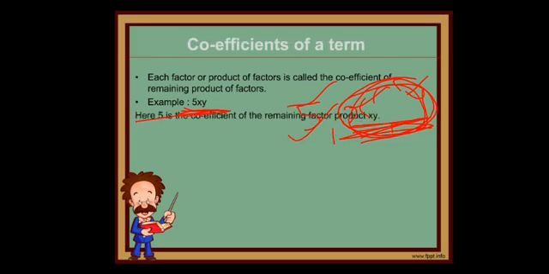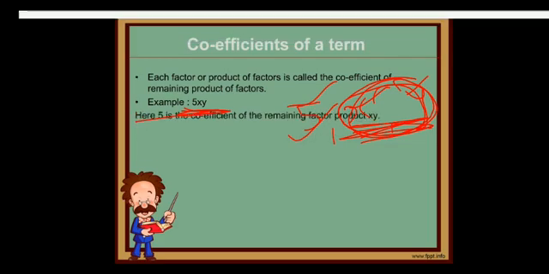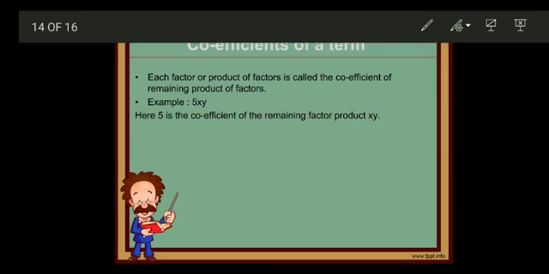So 5 is the coefficient of xy. We have 3 factors, 5, x, y. If you consider the product xy, 5 is the coefficient of the factor product xy.